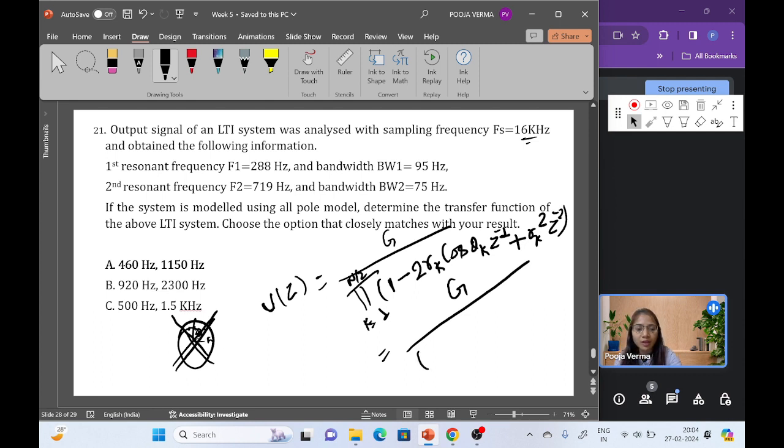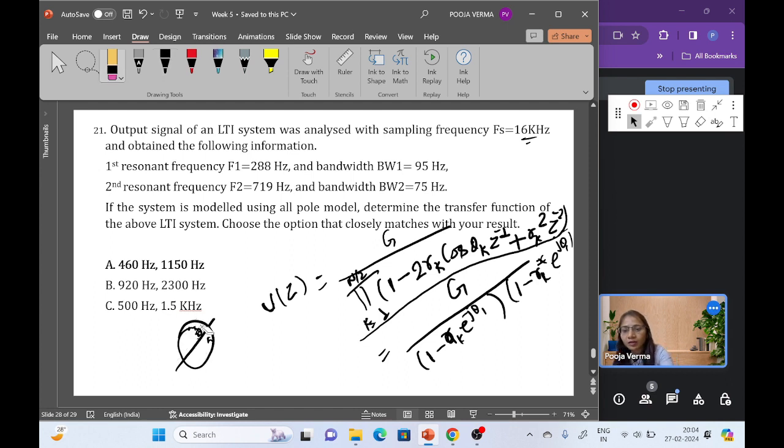So it can be like 1 minus, let's represent it, r_k e to the power j theta, you know how to represent it, and there is one complex conjugate of this, e to the power minus j theta. It can also be represented like this. So now how will you solve this problem? The all pole system is represented by this formula only.